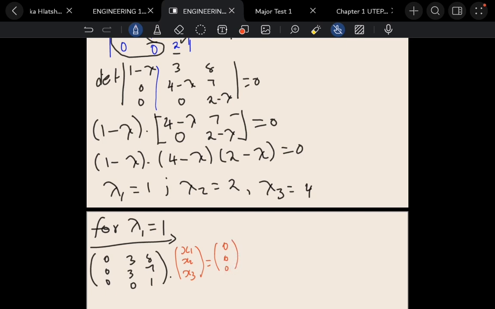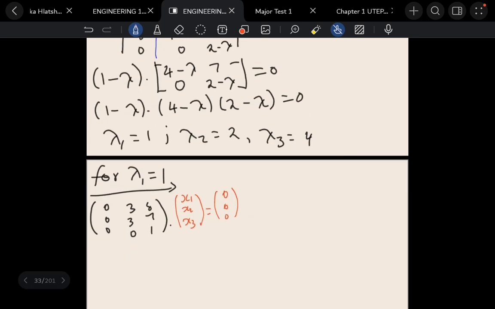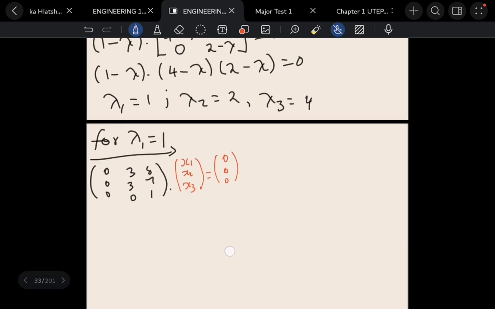Now, this is the first case that you need to know when solving the eigenvectors of a 3 by 3 matrix. You are trying to solve for x1, x2, x3, and this is given as an equation because your last row here has a 1.